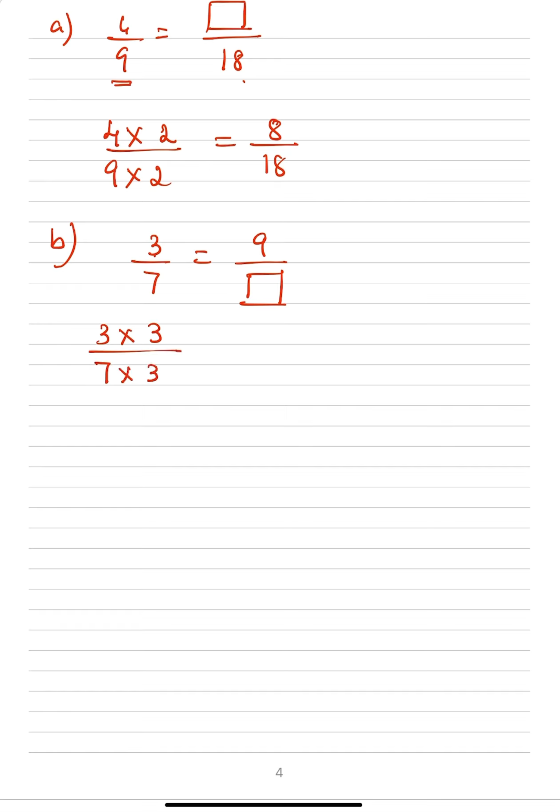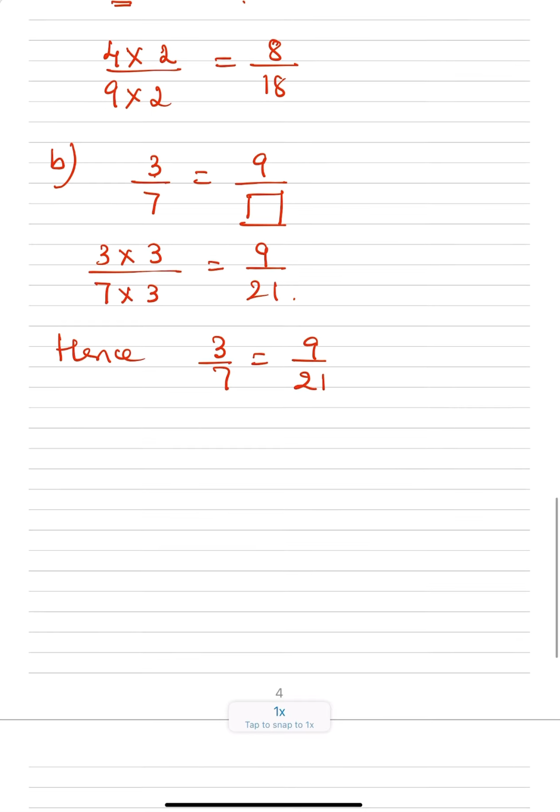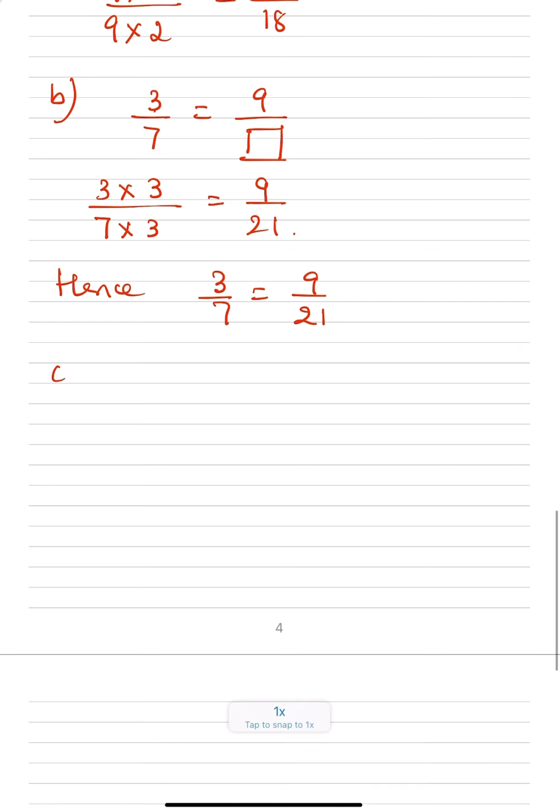Similarly, the denominator also should be multiplied by the same number. So 9 upon 21. Hence I can say 3 upon 7 is equal to 9 upon 21, and they are equivalent fractions. Correct?